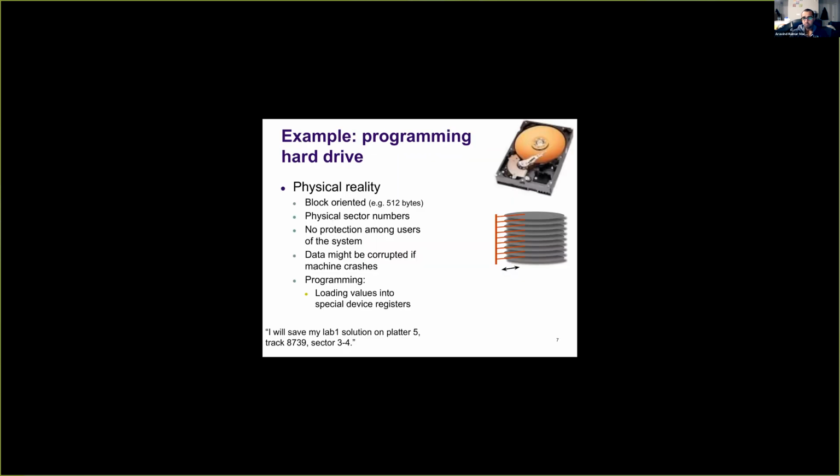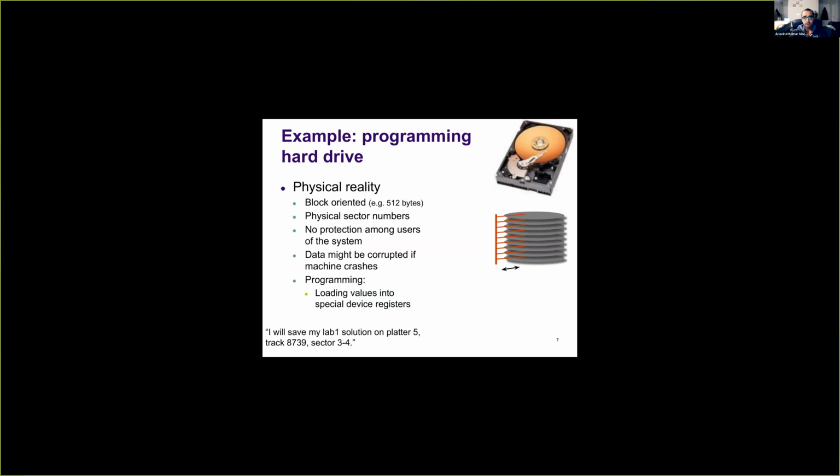For instance, at the hardware level, we have disks. So disks, magnetic disks are used to store data. So when you look at hardware level, so magnetic disk contains blocks, and these blocks are addressed using physical sector numbers, and these have various properties like if the machine crashes, the data gets corrupted, and in order to store data into these magnetic tapes, we need to load values into specific device registers.